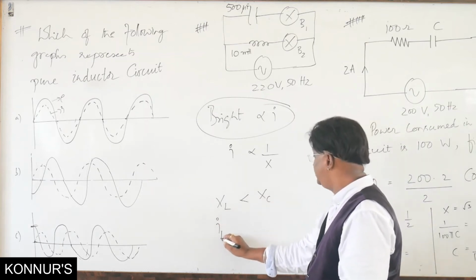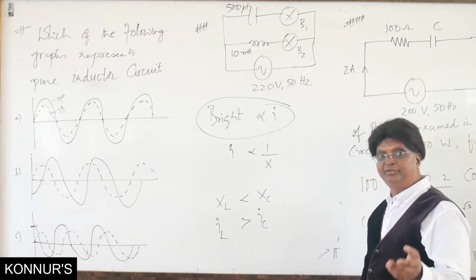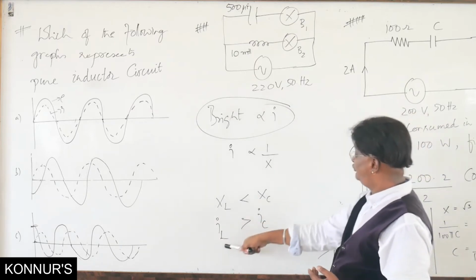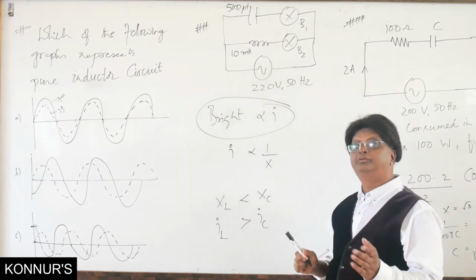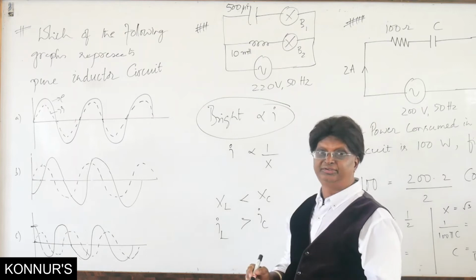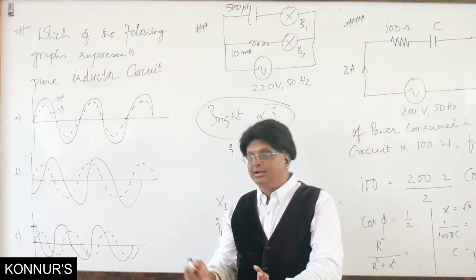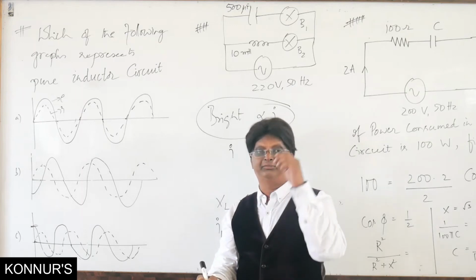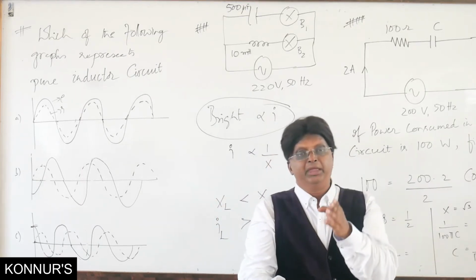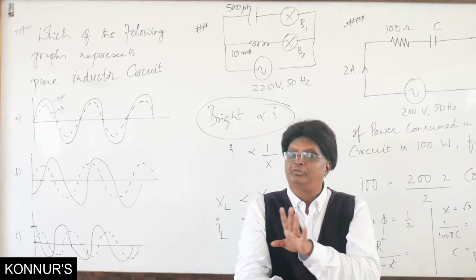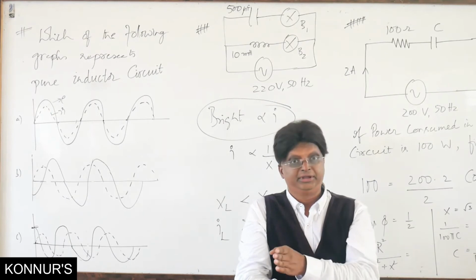Therefore the current through the inductor is greater than the current through the capacitor. IL is the inductor, the B2 bulb, therefore the B2 bulb glows brighter than B1. So the idea, like the last examples also, is division of current. Maybe it seems that we have done 3 or 4 different examples, but for all of them the principle, the concept, is the same: current division.